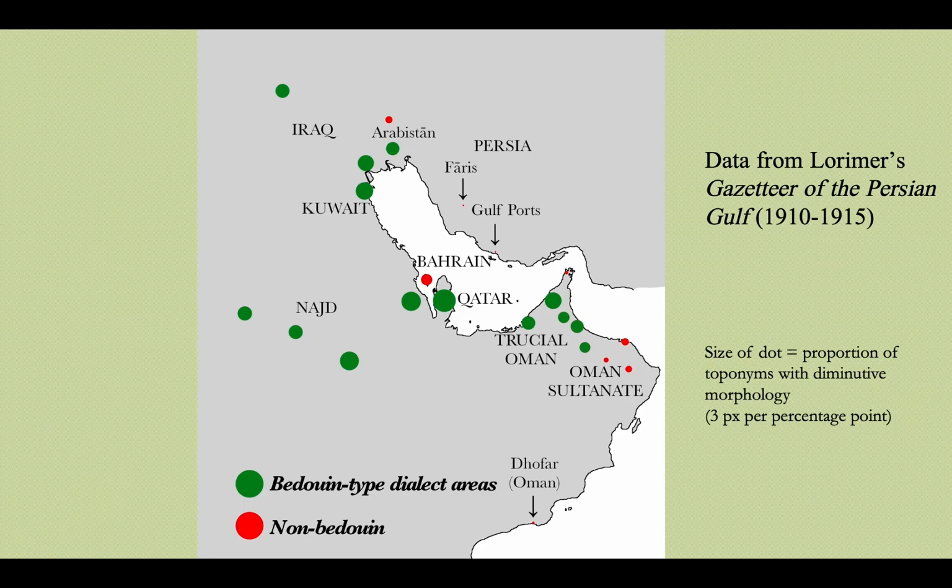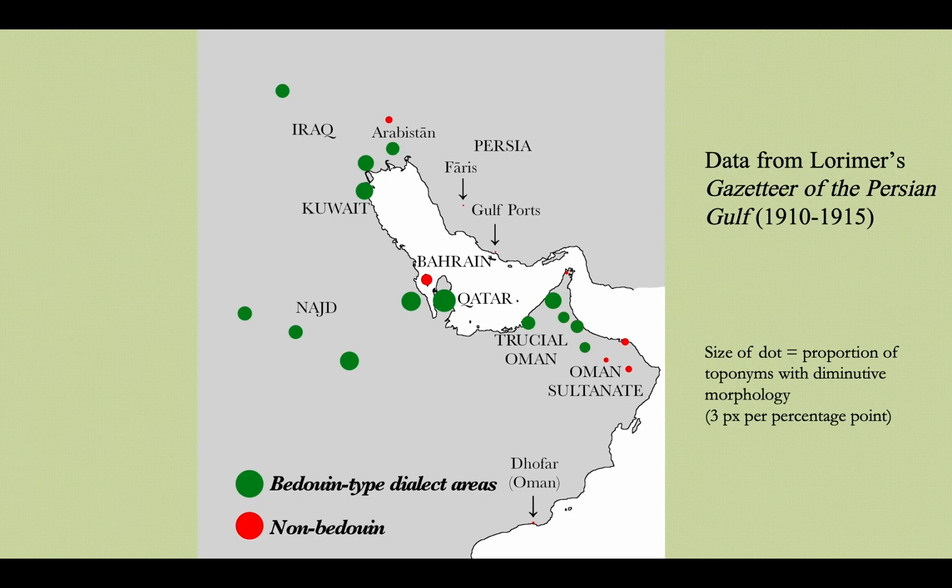The prevalence of diminutive morphology was clearly not evenly distributed across the different regions studied by Lorimer. The size of the dot here corresponds to the percentage of toponyms that were morphologically diminutive.